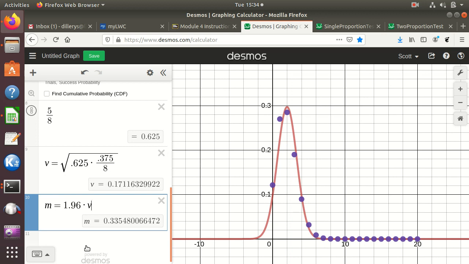And so subtracting that, I get 0.29. And adding it, I get 0.96. Now, because we had such a small number, our confidence interval is almost as big as it could be.